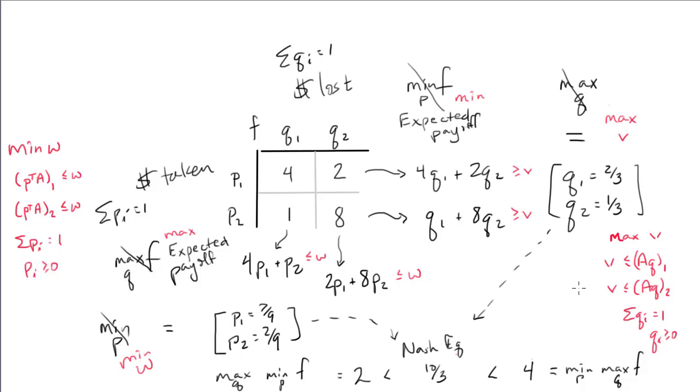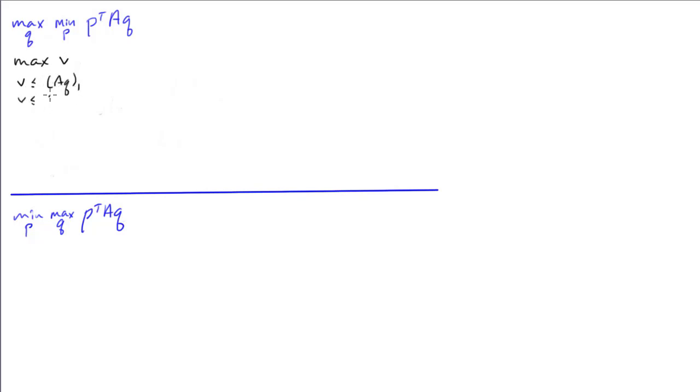It looks suggestive that these are dual problems, and in fact they are. Looking at the function that we are maximizing and minimizing, there's player 2's position and player 1's position. Go through the Nash equilibrium and we set up this.